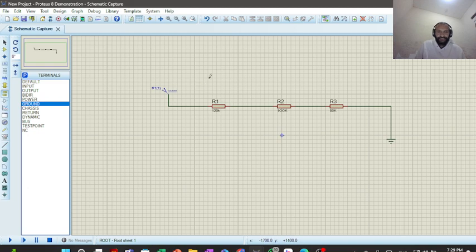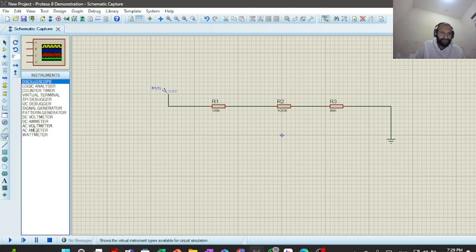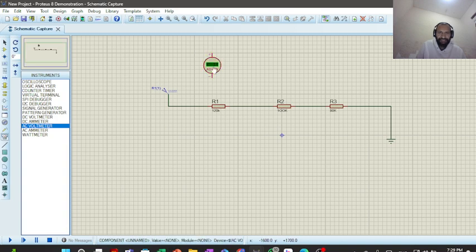So now we will get the voltmeters, AC voltmeter. The voltmeter must be connected in parallel. Only the ammeter is connected in series. So let's connect this.